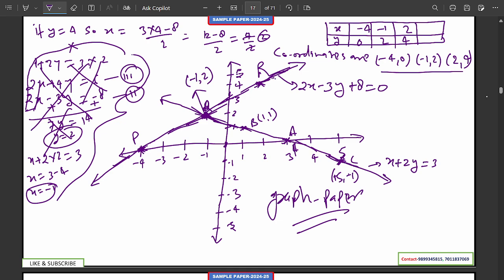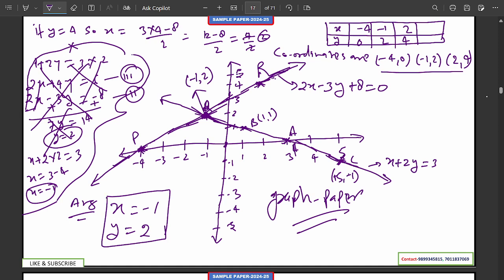So the final answer for this: x is equal to minus 1 and y is equal to 2. Because of that, the intersection point is minus 1 and 2. The first value is for x and the second value is for y. So this is the solution and answer for this question. You can solve this graphically, and the intersection point will be the answer.